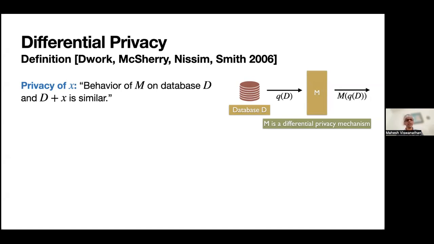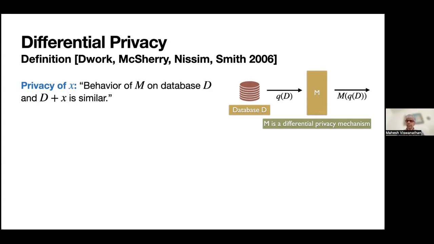So you ensure the privacy of an individual X if the answers that the differential privacy mechanism provides to the data analyst are similar, whether the database contains the personal information of X or not.